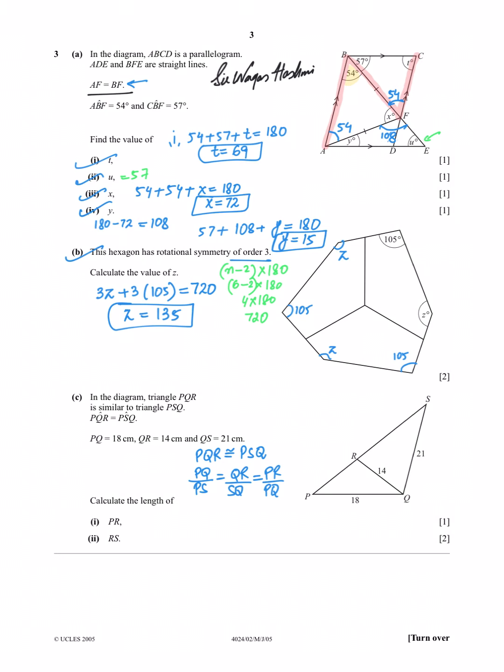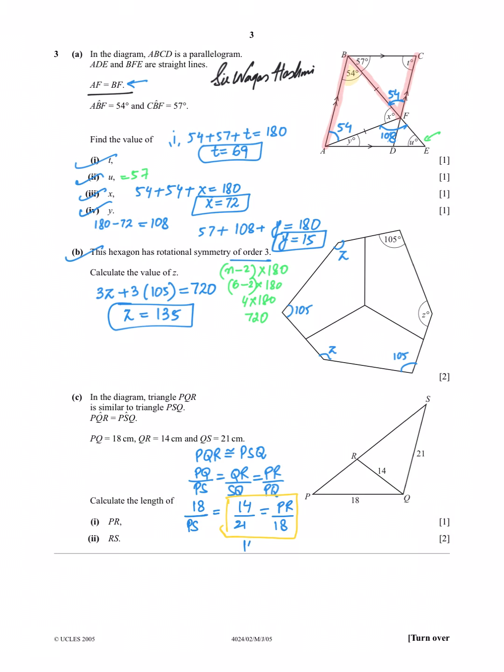So now substitute the values. The value of PQ we have is 18 divided by the value of PS we don't have, so I'm writing PS here. The value of QR is 14, and the value of SQ we have, it's 21. The value of PR we don't know yet, and the value of PQ, it's 18, right? So we got this expression, and by cross multiplication we can easily get the value of PR.